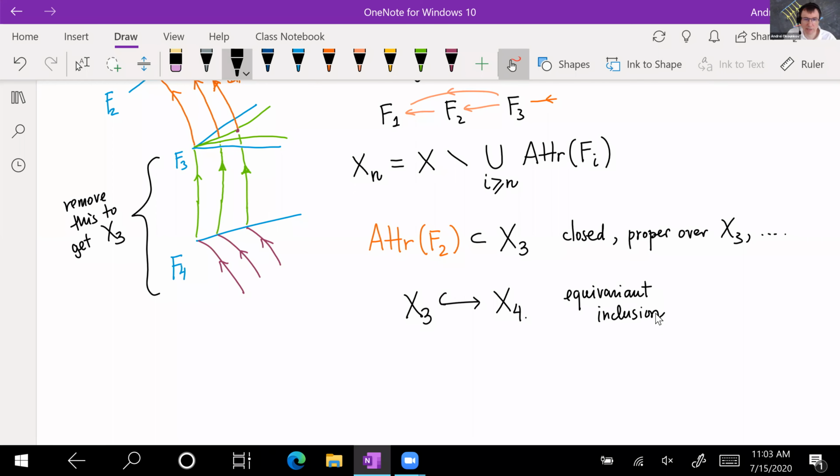A continuous map between topological spaces induces a map on elliptic homology. So I have a map from the elliptic T-covariant homology of X3 into the elliptic homology of X4.